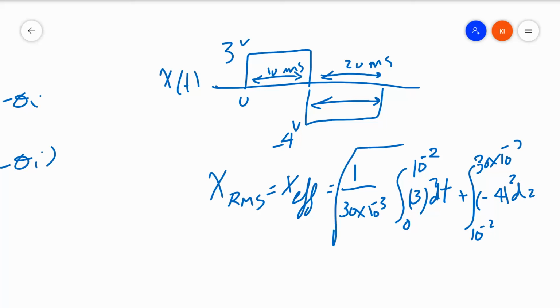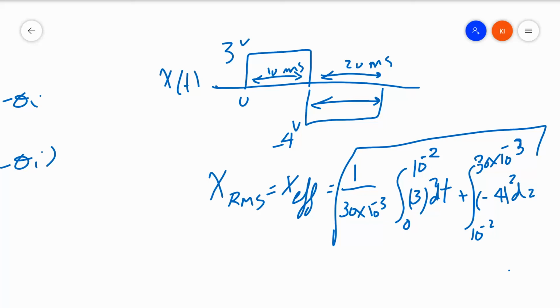And that is your answer. Now, as you can see, it's not as simple as the other case, but you kind of get the idea of how to do this work if you need to find the effective value of certain signals that are not necessarily sinusoidal signals. That brings us to the end of this conversation of terminology.